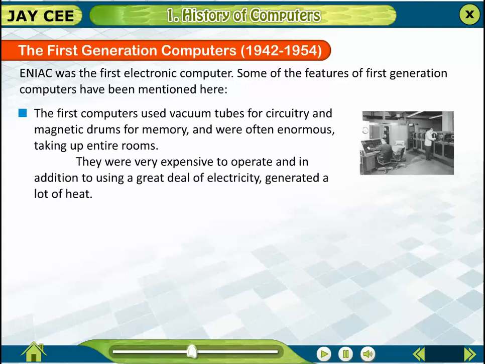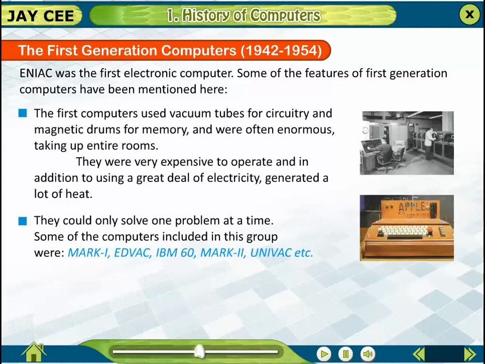They were very expensive to operate, and in addition to using a great deal of electricity, generated a lot of heat. They could only solve one problem at a time. Some of the computers included in this group were Mark I, EDVAC, IBM 60, Mark II, UNIVAC, etc.